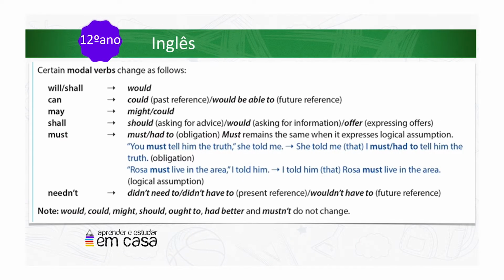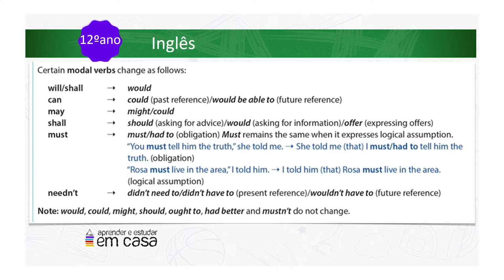Other changes that occur are in modal verbs. So, the modal verbs also change the tense. Okay? So, if you have can in direct speech, it becomes could in indirect speech. If you have will or shall, it becomes would. But there is something I have to call your attention to here, which is must, because must may have different meanings.